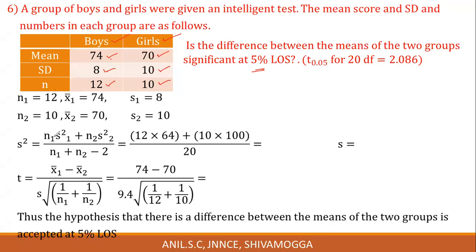Now S square is given by N1 into S1 square plus N2 into S2 square, divided by N1 plus N2 minus 2. You have all the values. N1 is 12, S1 square is 8 square, that is 64, plus N2 is 10 into S2 square, 10 square, that is 100, divided by N1 plus N2, 12 plus 10, 22, 22 minus 2 is 20.